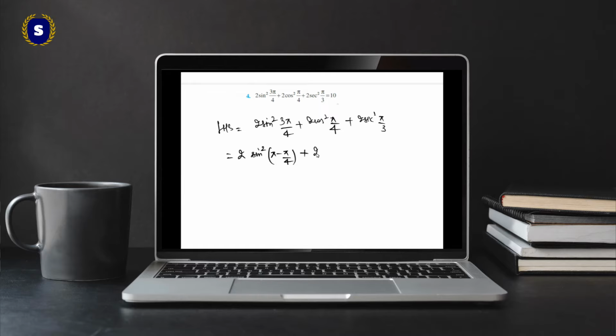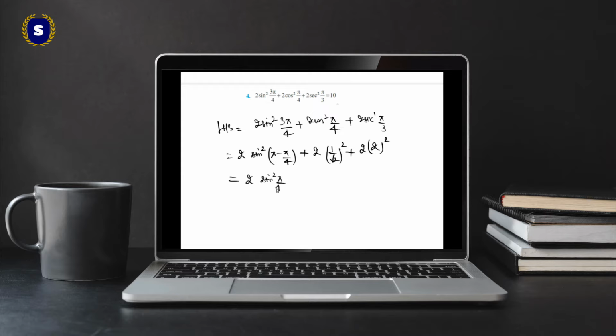And here the value of cos pi by 4 is 1 by root 2, so 1 by root 2 whole square, plus 2. The value of sec pi by 3 is 2, right? So 2 square.